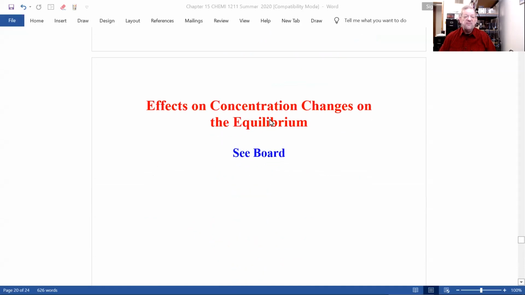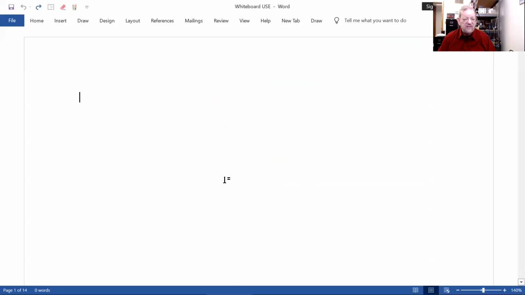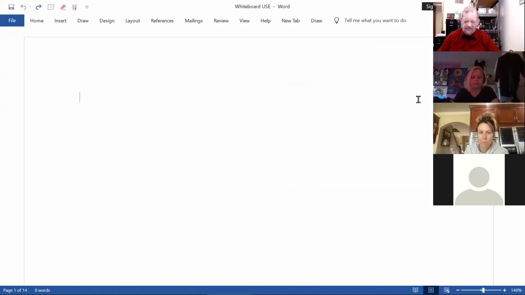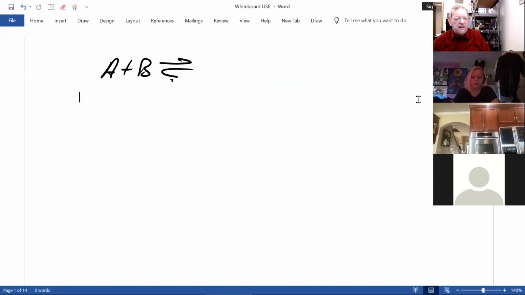One stress is changing the concentration. See the board. Everybody see A plus B goes to C and D, equilibrium? All right.